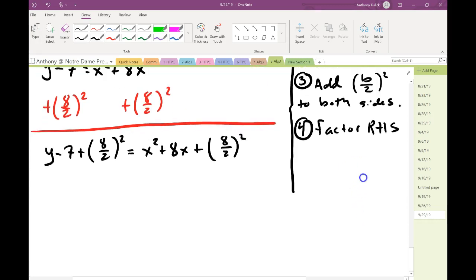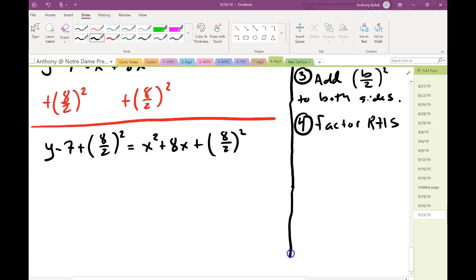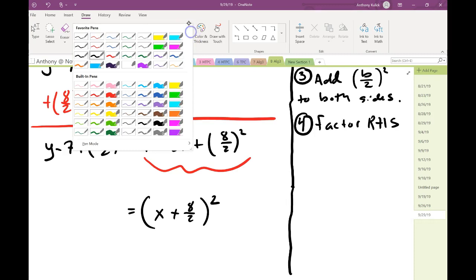What we're going to do then is factor that right-hand side. And here's the neat part. This factors automatically every time.